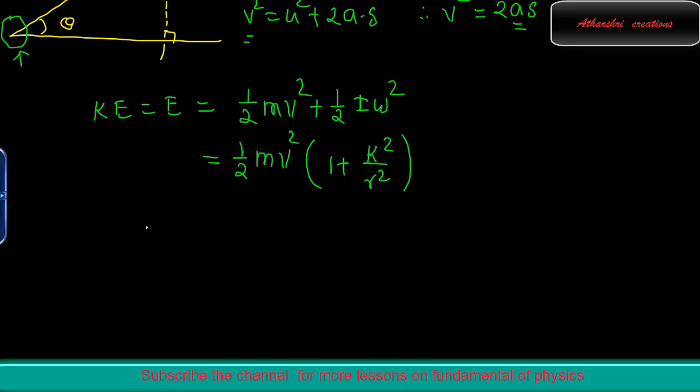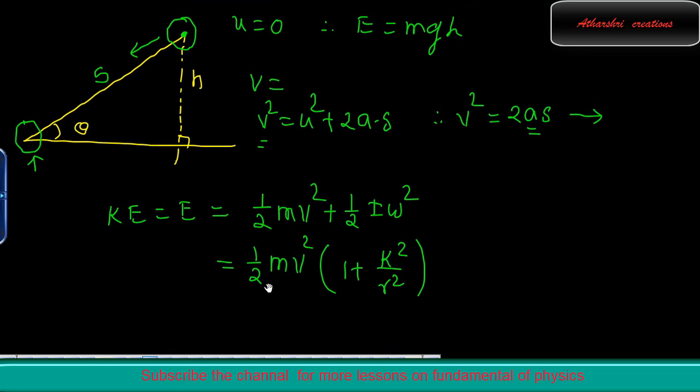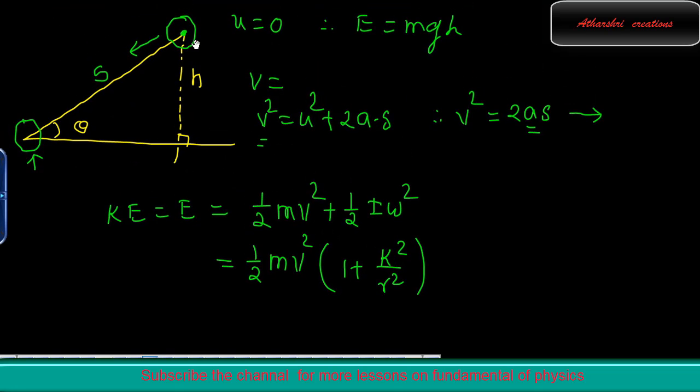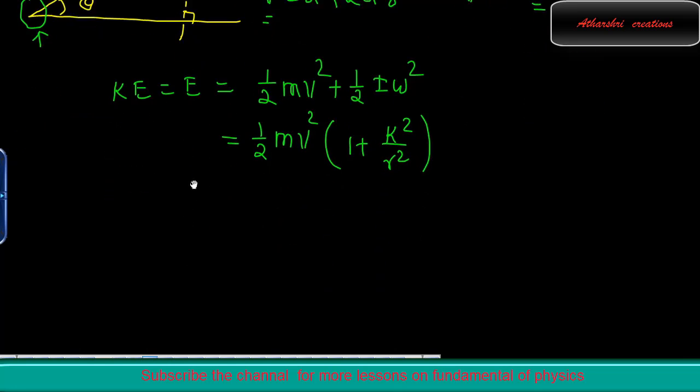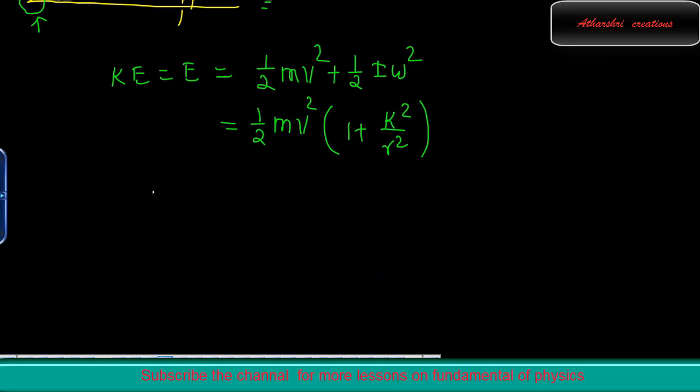Now see, when the body comes from the topmost position to the bottom position, its total potential energy is converted into kinetic energy, or we can say that its total kinetic energy is equal to total potential energy.